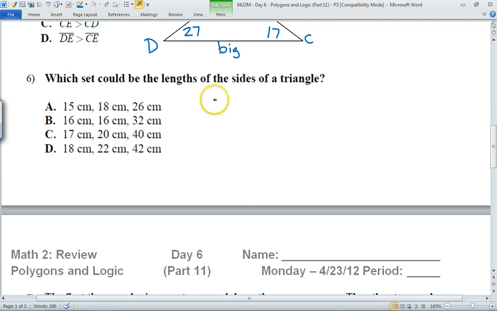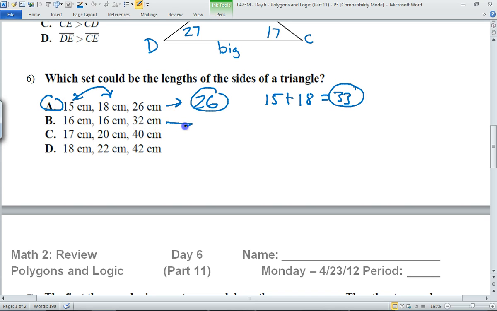In this case, 26 is the biggest. The other two have to add up to more than that. All right? What's 15 plus 18? 33. Okay, that's bigger. So that could be a triangle. That one's okay. This has to be bigger, and it is. So the answer is A.